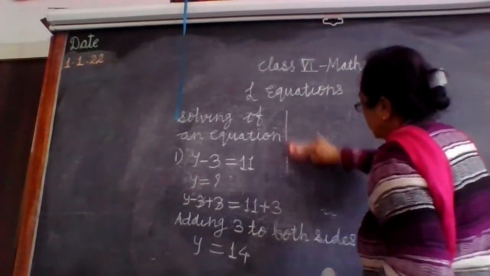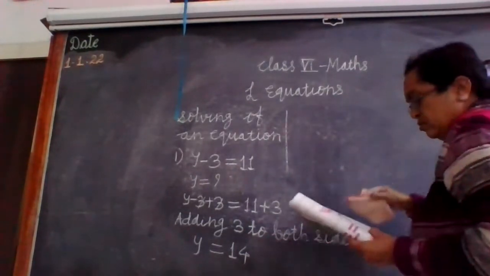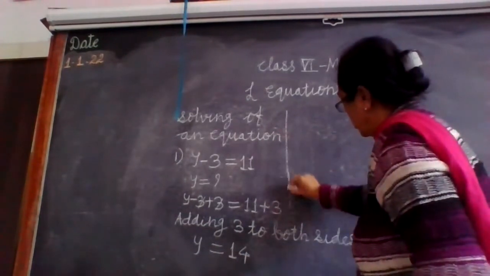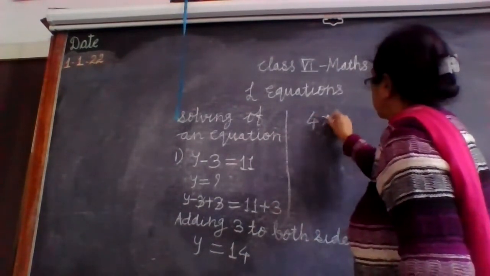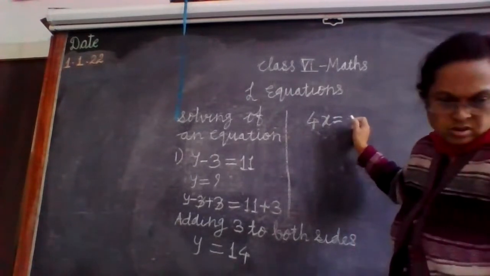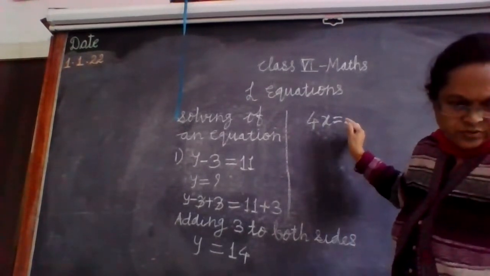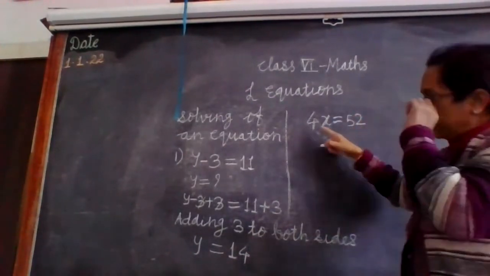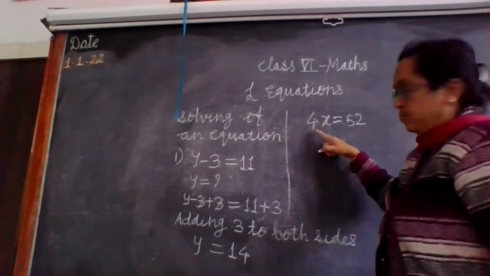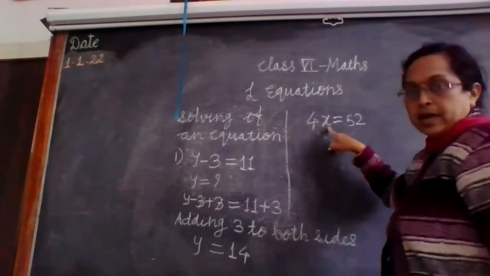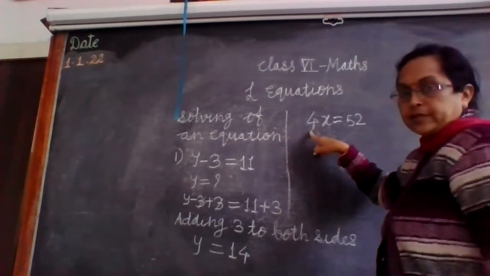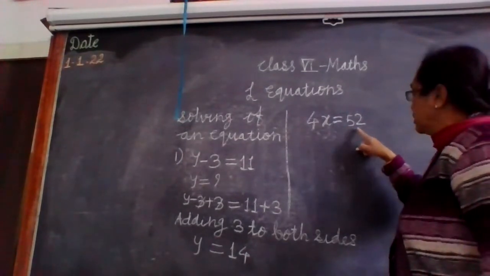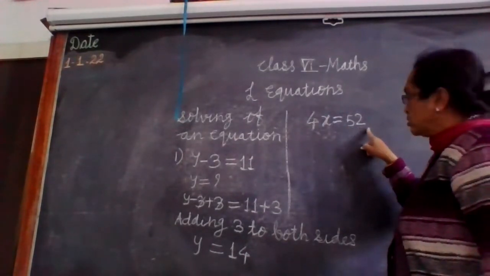Let us take another example: 4x equal to 52. Here again, on the left hand side, with the variable x, the number 4 is there, and on the right side of the equation it is 52, that is a constant.